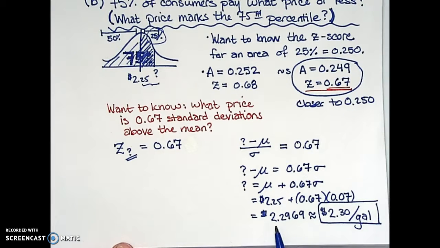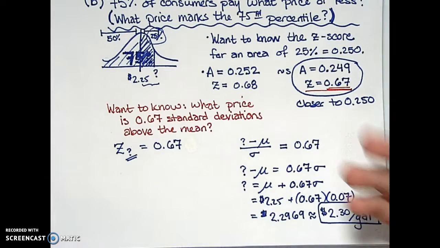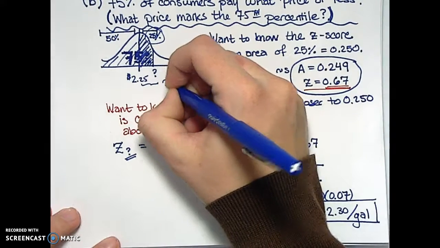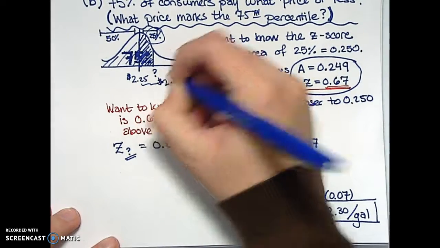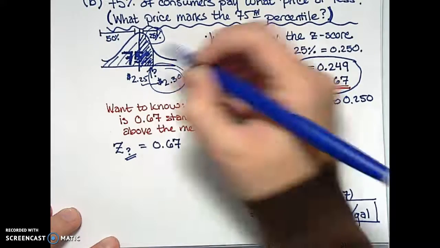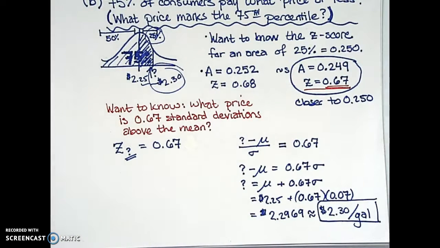What we actually get is $2.29.69, but that we can round to $2.30 per gallon. So in answering the question, what price marks the 75th percentile, that would be $2.30 per gallon is going to mark the 75th percentile, or 75% of consumers pay that price or less.